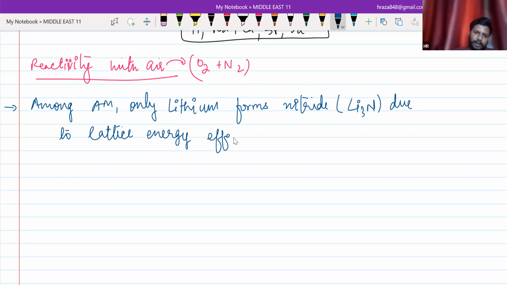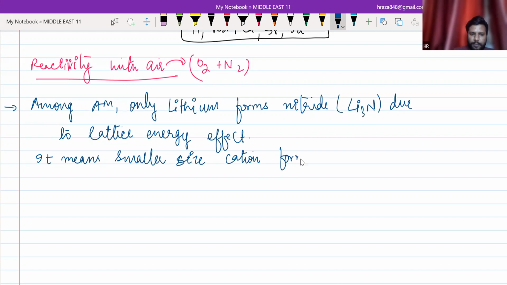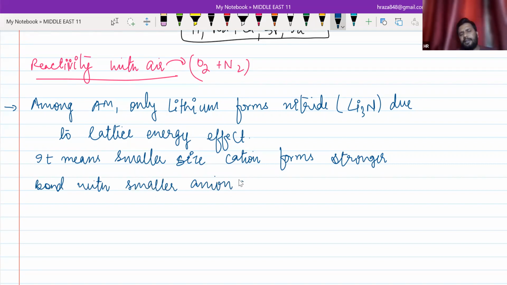What does it mean? I will explain it. Lattice energy effect means a smaller size cation forms a stronger bond with a smaller anion. Basically, after forming a compound, the compound must have less energy so that it will be more stable.